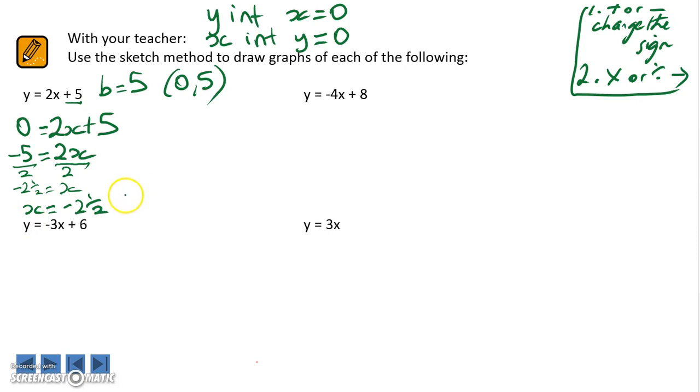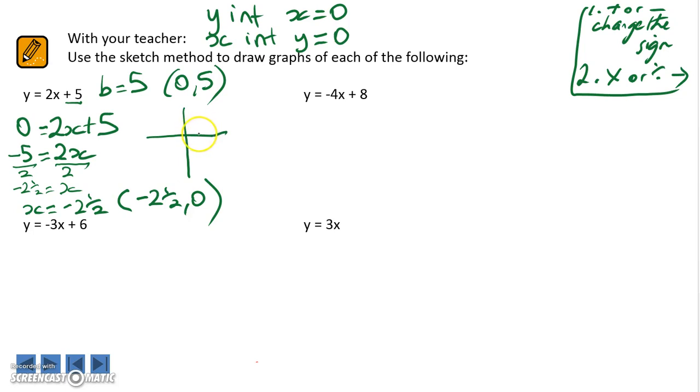Where it crosses our x-axis is at minus 2.5, 0. So now we've got our 2 points. We just draw our little axes. When you are sketching, it's easier for you than me on the tablet to use a ruler.